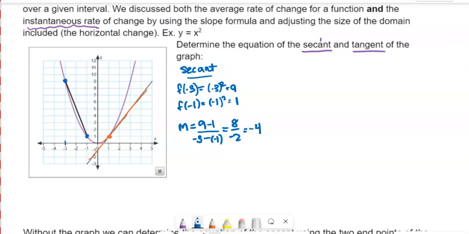After I found my slope, I want to find the equation of the line. So I need to plug my knowns into y equals mx plus b in order to solve for b. As a reminder, it doesn't matter whether you choose the first or second point. I'm going to choose the second point just because it's 1, so that's nice and easy. So the y value is 1, the slope that I calculated was -4, and my x value was -1, plus b.